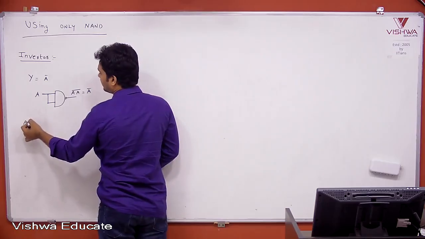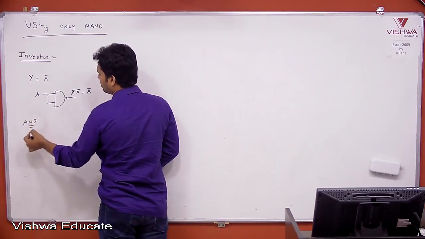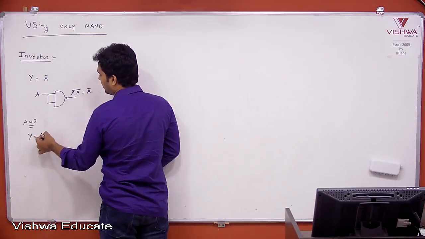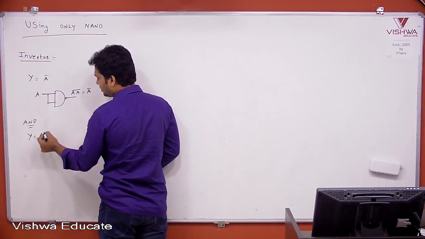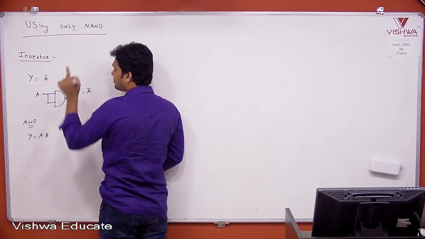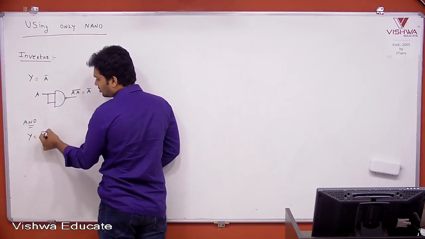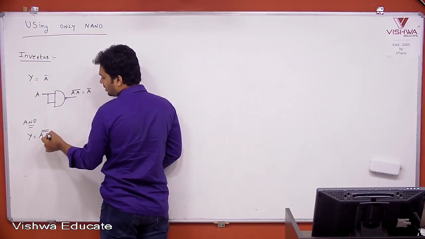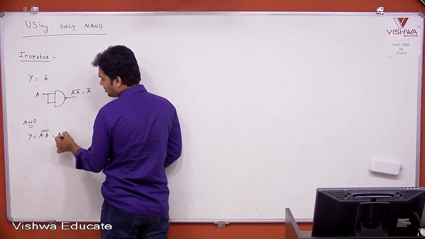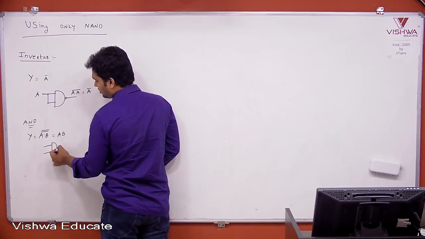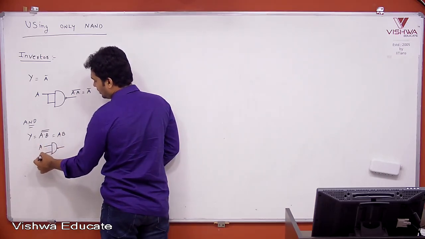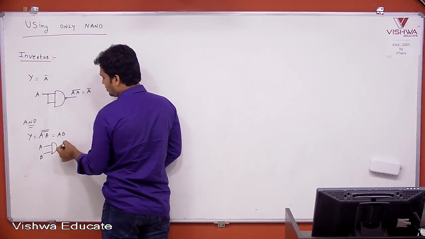Let us make the AND gate. What is Y? A into B. You can obtain AB with the help of, because in NAND a bar should come, so take 2 bars here. The bars will cancel. What is the answer? AB. So here take one NAND gate with inputs A, B. What is the answer?